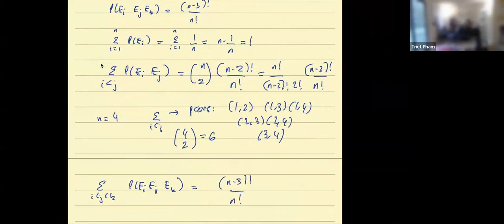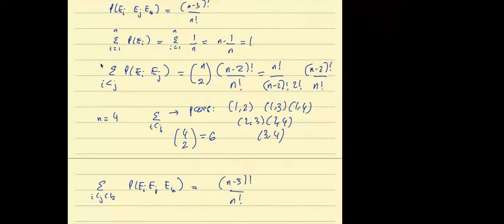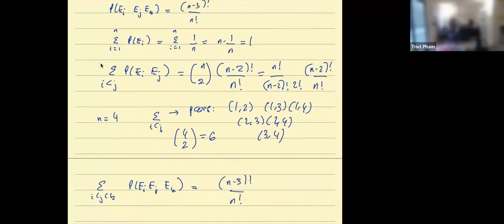And how many terms do we have in that sum? N choose 3. Correct. So that will be n choose 3. So that will be n factorial over n minus 3 factorial times 3 factorial. And so the cancellation will go like this, and we have 1 over 3 factorial.